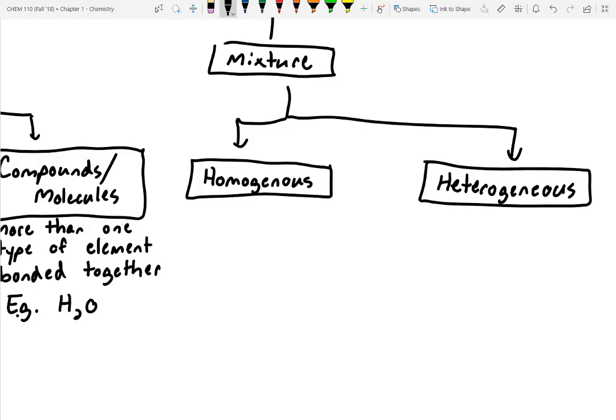All right, in a homogeneous mixture, the clue to look at is the prefix homo. What does that mean? The same. Okay, so a homogeneous mixture means it is the same throughout, or evenly mixed.